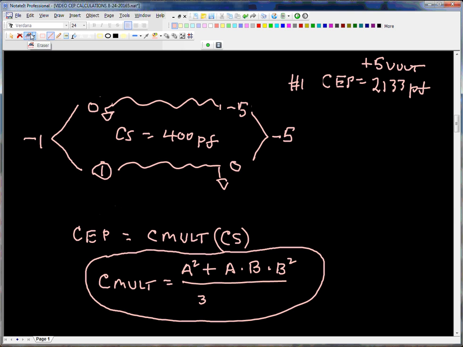Now what's changed? Well, we want a squared plus ab plus b squared, so let's look at that. What's a? It's this. What's minus 1 squared? That's equal to 1. Minus 1 times minus 5 is 5.